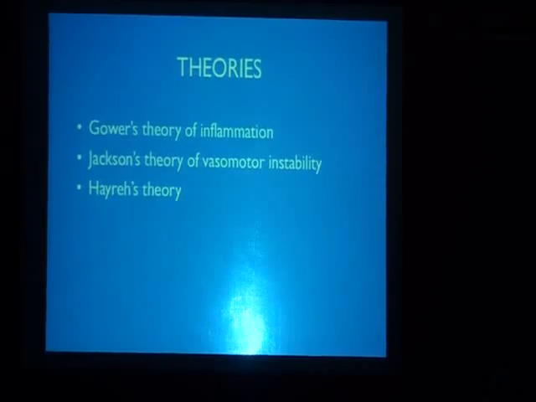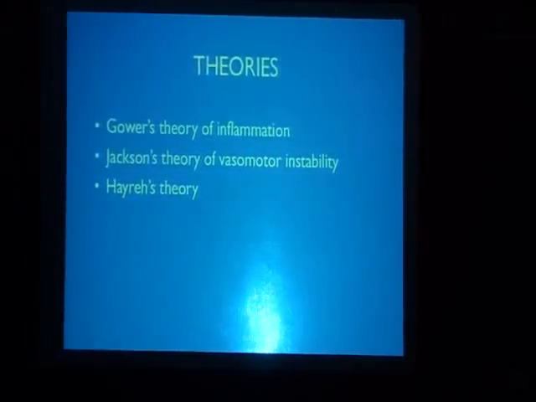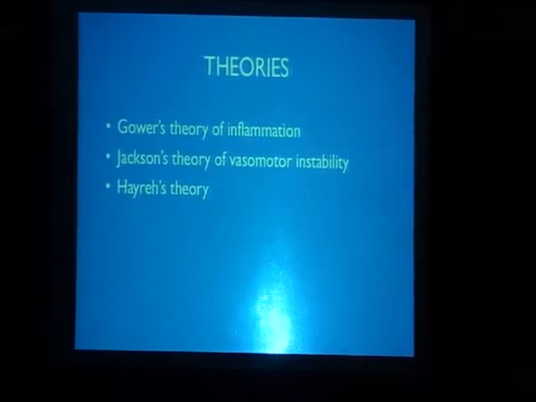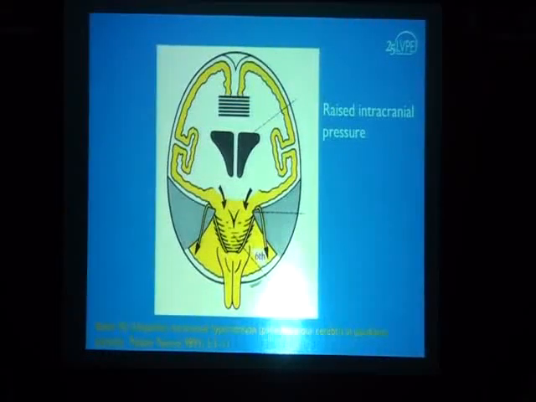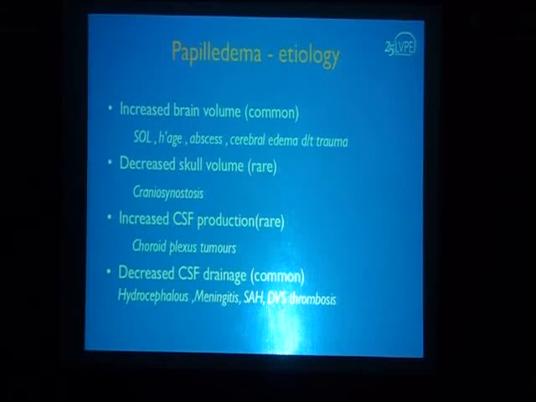There are theories of vasomotor instability, inflammation, or the Harris theory. Along with that, there can be collateral damage. The patient can have ataxia, so you need to check their balance, and they can have an ocular motility problem, basically 6th nerve palsy.